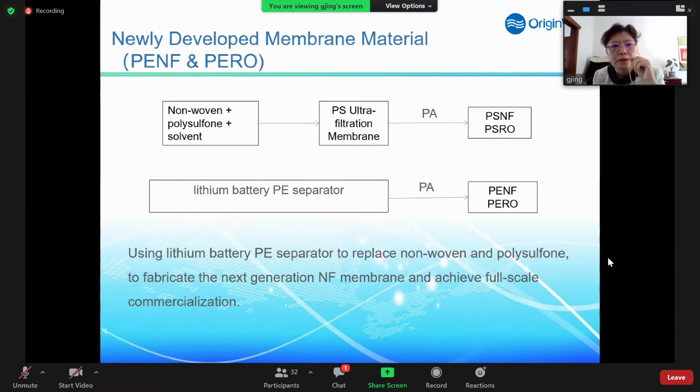Compared with the conventional nanofiltration membrane, the PE nano membrane saves lots of material and reduces the cost. We use lithium battery PE separators to replace the woven support and the PS ultrafiltration membrane.